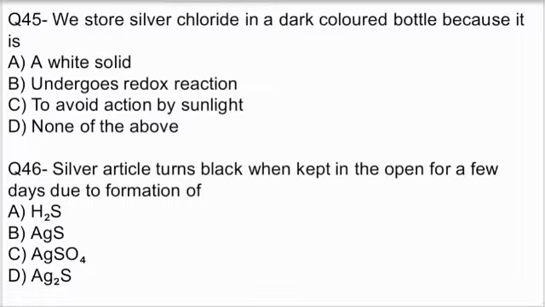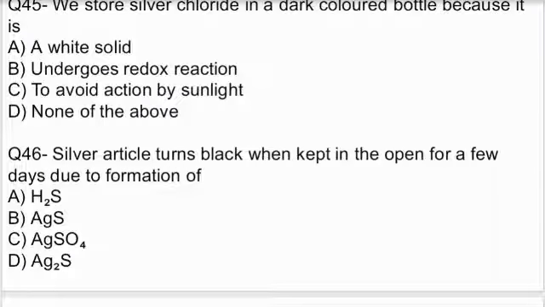Next question. We store silver chloride in a dark colored bottle because it is, the options are a white solid, undergoes redox reaction, to avoid action by sunlight, D, none of the above. The correct option is C, to avoid action by sunlight.